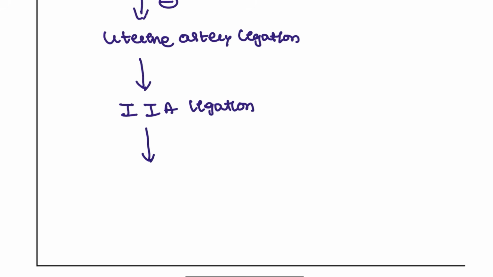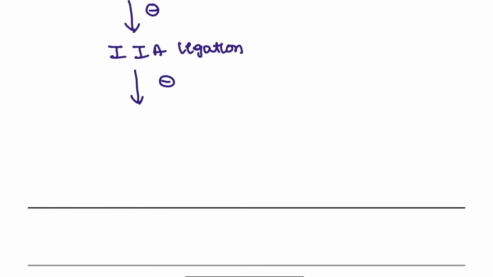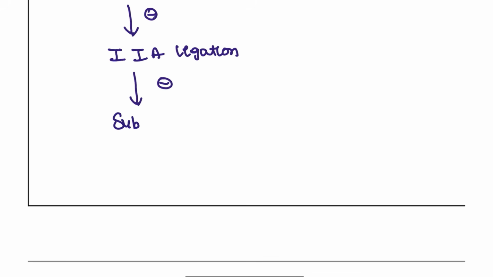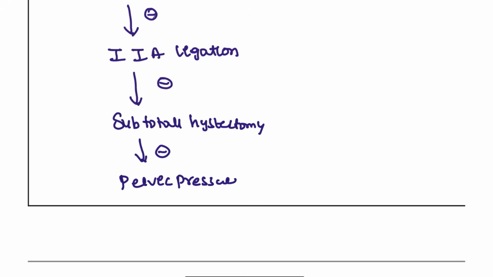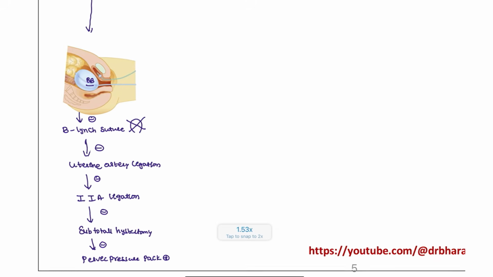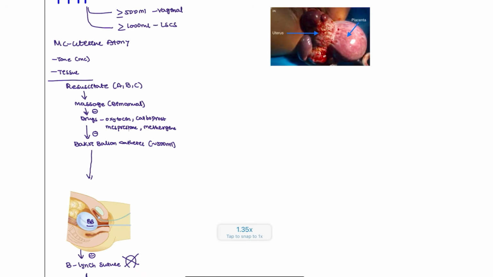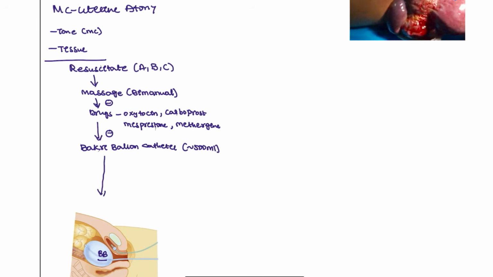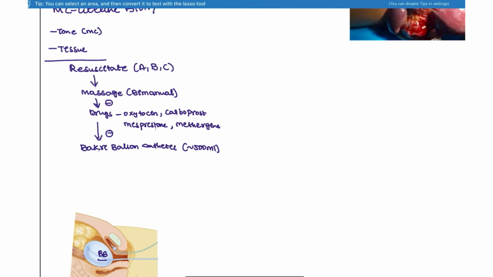Still not controlled, what we can go for is subtotal hysterectomy. Most of the times it is going to stop. If it is still not controlled, then we have to do a pelvic pressure pack. So this is a very serious condition and should not be ignored at any time.